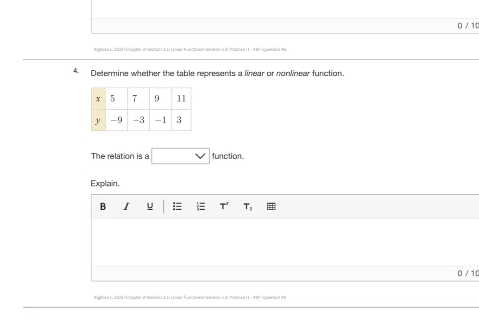Determine whether this represents a linear or nonlinear function. So x is going up by 2, by 2, by 2. Y is going up by 6, up by 2, up by 2. This is not a linear function. It would be linear if this were constant and this were constant.